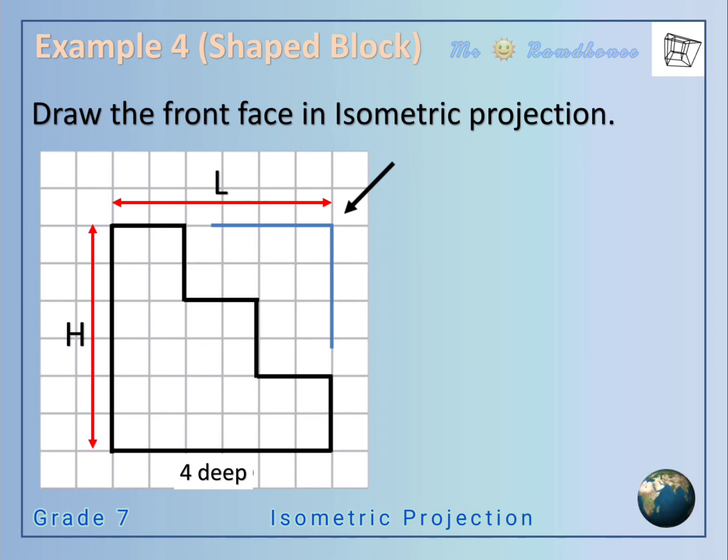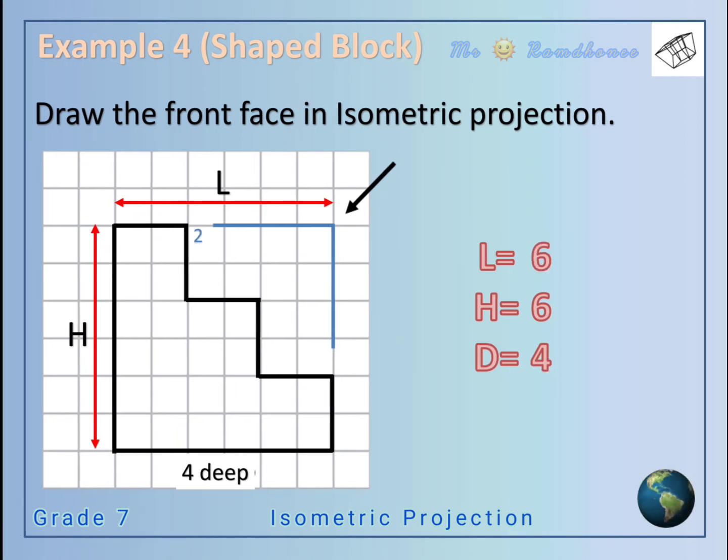The horizontal distance is the length, and the vertical distance is the height. Here the LHD for this object will be 6, 6 and 4. Next we are going to add numbers to each corner so that it is easy for us to draw this object. This object has 8 corners.